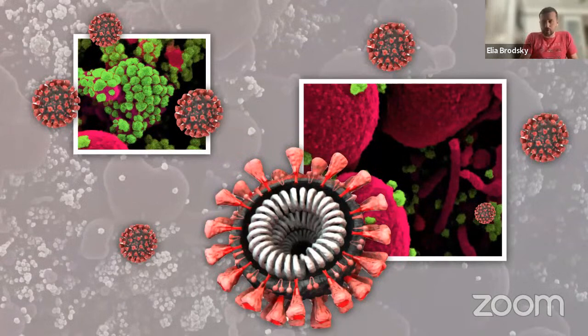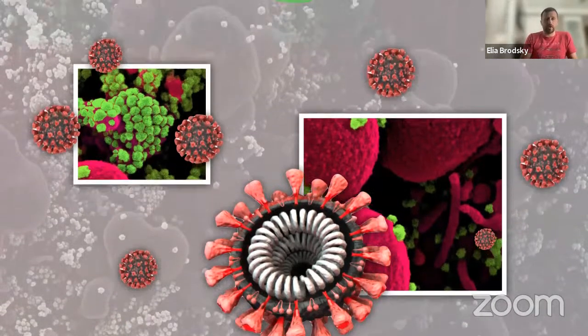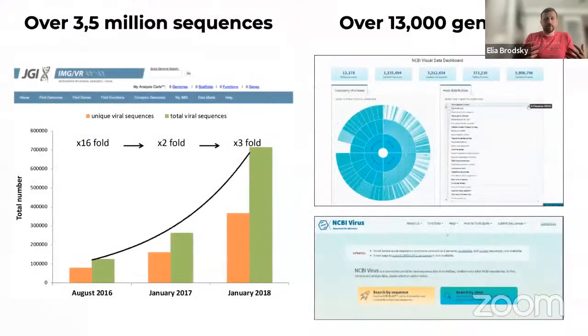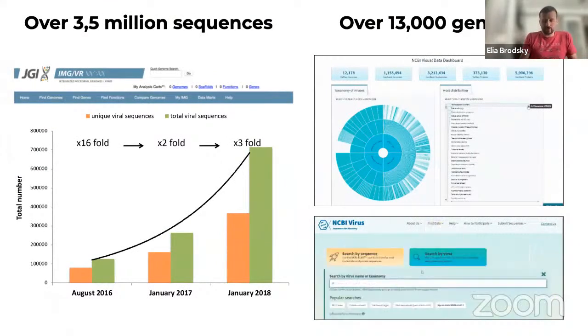And the ability to ask those questions using data that was collected is the essence of bioinformatics. What is bioinformatics? Bioinformatics allows us to leverage data sets that have been collected, ask specific questions, and get to a practical interpretation so that we understand something and are able to make conclusions.